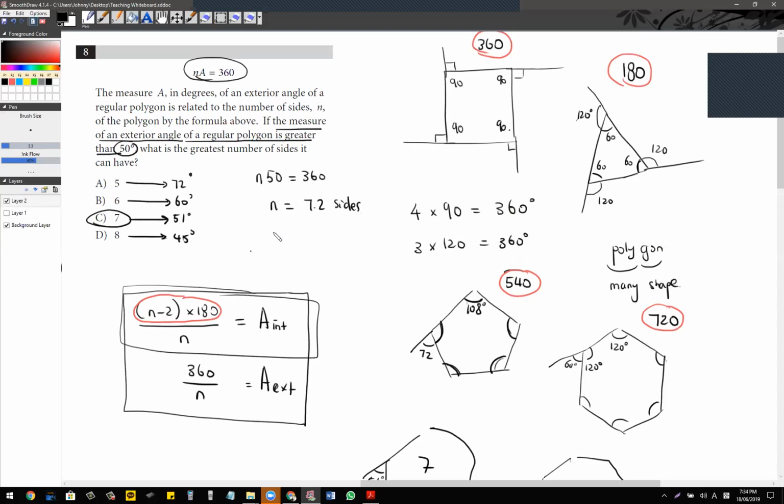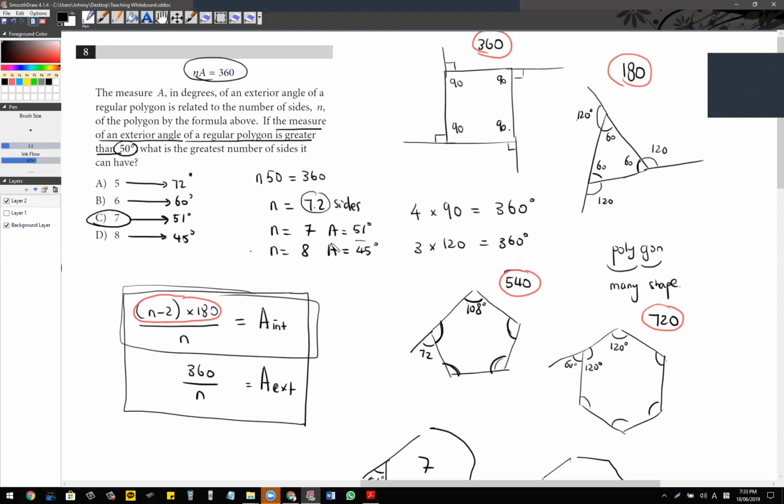So that means when n equals 7, you try what the angle is, which gives us 51 degrees. And then you try 8 sides, because we can't get 7.2 sides. So a equals 360 divided by 8, which is 45.